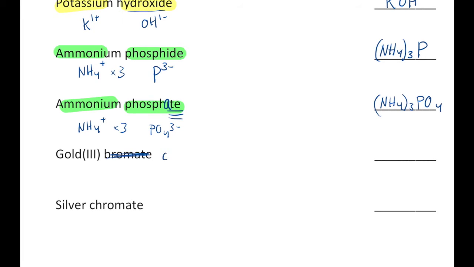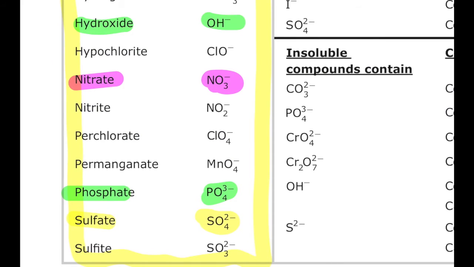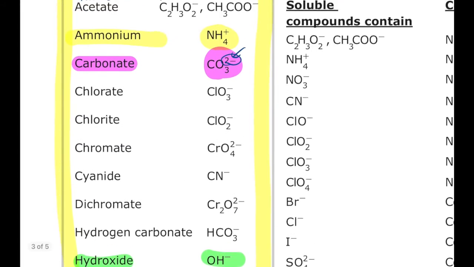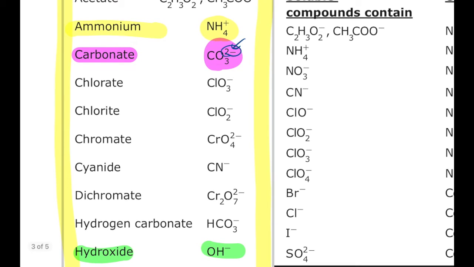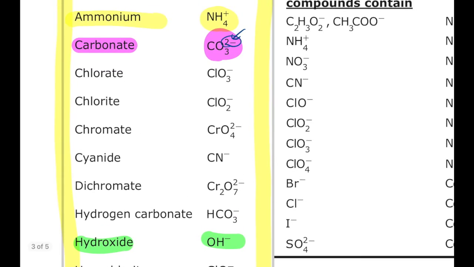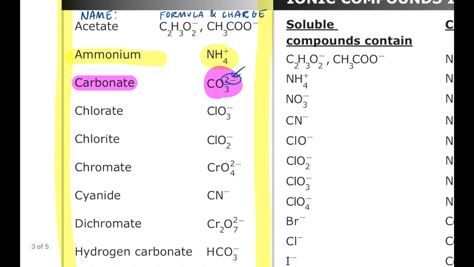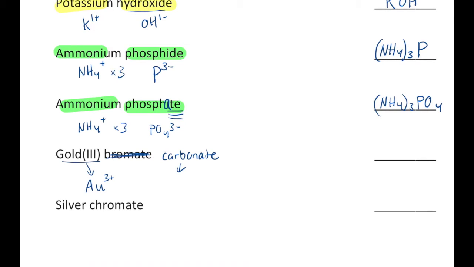Next example here, gold. We're going to change bromate to carbonate. We don't really use bromate in this class. Remember, gold is Au, and the Roman numeral of 3 is not the number of Aus. It's a 3 plus charge. And then carbonate is way up there. It looks like we looked at it before. It's a CO3 2 minus charge. So CO3 2 minus, you have to think to yourself, how many of each do I need to cancel each other out?